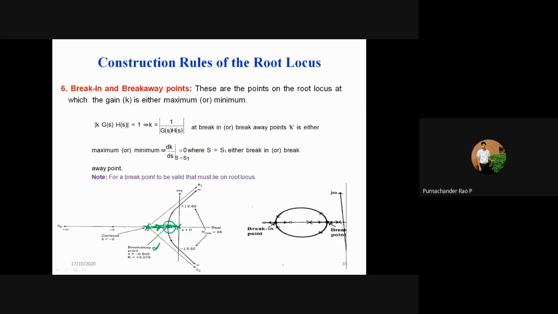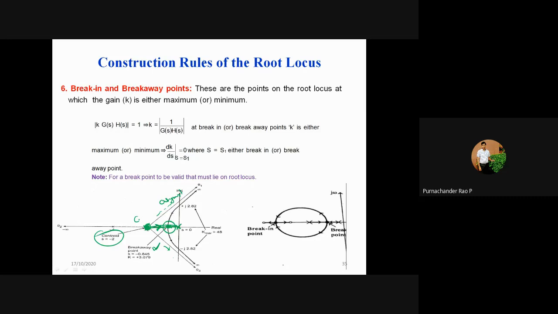These dotted lines are called the asymptotes, and the meeting point of these asymptotes is called the centroid. This is the centroid here.